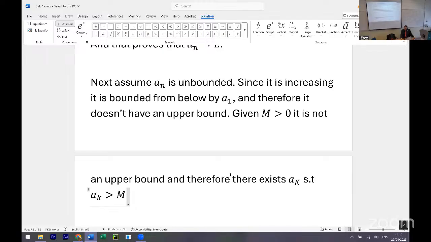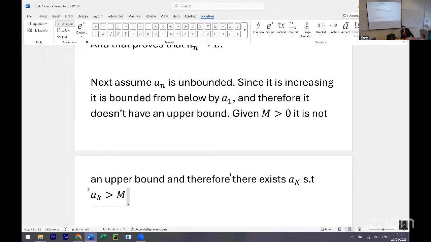If M is a million or a million to the power of a million, some element of the set will be larger than it. What is this going to prove? You take any number and say the sequence passes it. Yeah, right, that's tending to infinity.